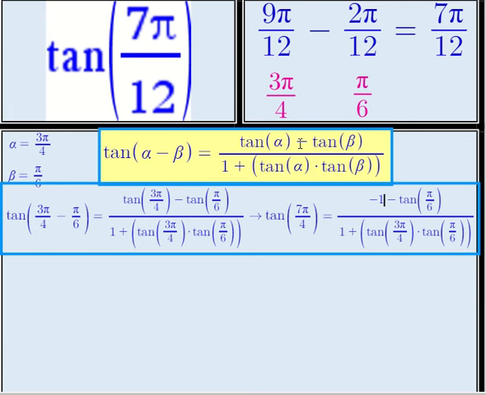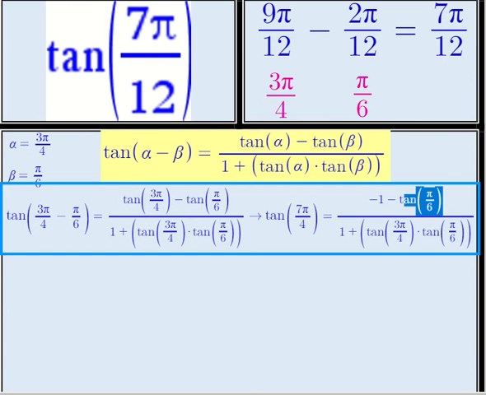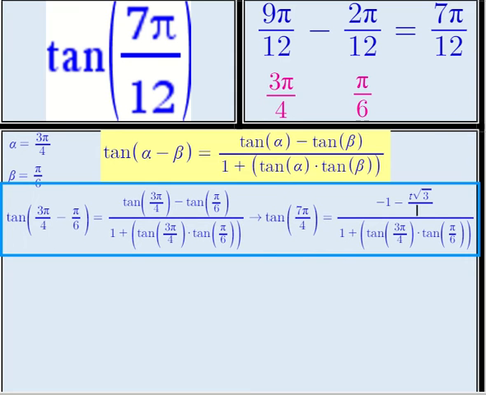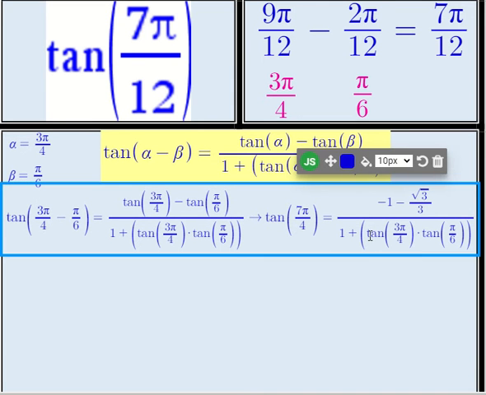Now, minus is part of our original equation. So then the tan of pi over 6 is radical 3 over 3. Now, when we go to the denominator, we've got negative 1 again, but it's negative 1 times radical 3 over 3.